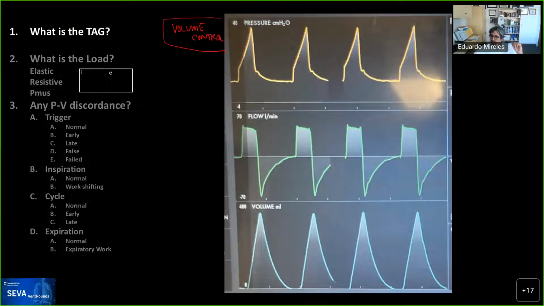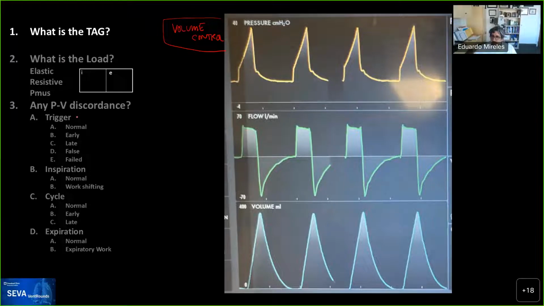Very good. So in general, the majority of you are talking about volume control, CMB, S, and that is correct. At least on this image that we're showing right here, where there is no evidence of respiratory effort by the patient. So the breath is mandatory.